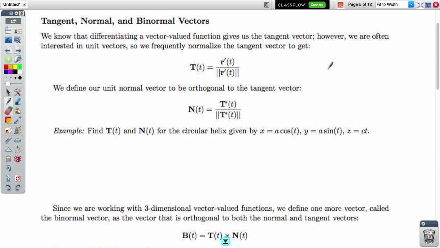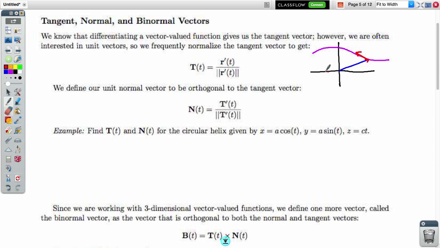So one thing that I tried to do when I was drawing the picture of the tangent vector a couple pages ago was make it really clear that you can have a tangent vector that is not orthogonal. In other words, this is not a right angle to your original vector.